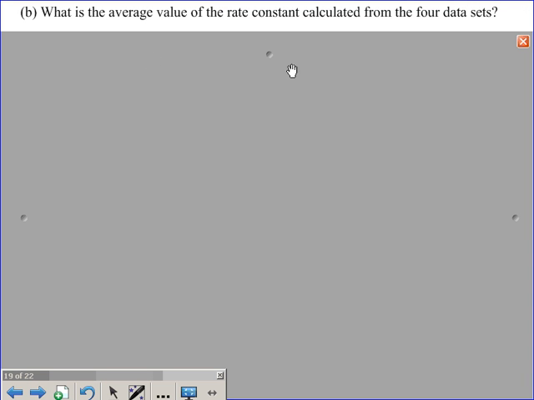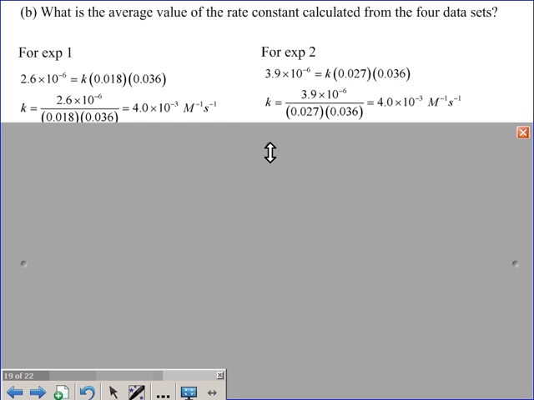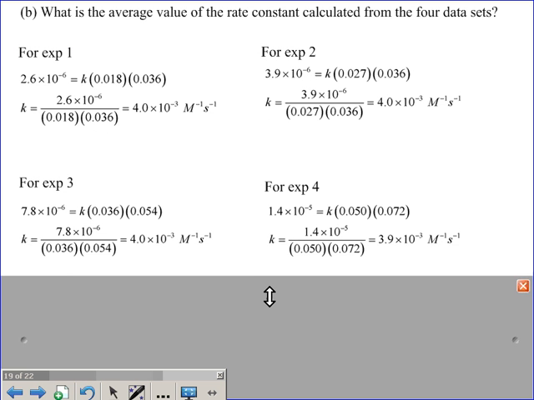So what's the average value of the rate constant? Well, again, I just have to take them all in, and I'll show them all to you right here. I just substitute in for each experiment the rate and the concentrations. Rearrange it algebraically to solve for k, and I find out again and again that I end up with the same number with only a little difference in the last one for the rate.